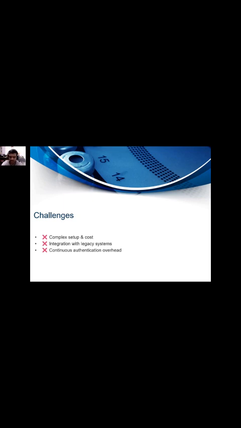Future trends, looking ahead. Zero trust will continue to evolve. The next generation will use artificial intelligence and machine learning to predict and respond to threats even faster. AI can analyze user behavior patterns.